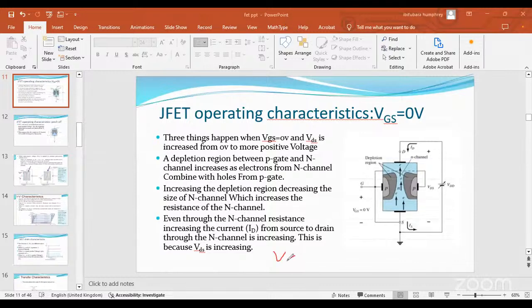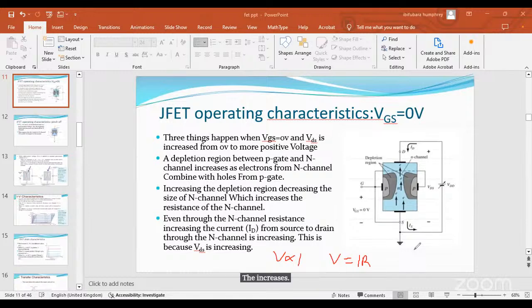V proportional to I, V is equal to IR. Listen to me attentively, so that you don't get confused. So by this formula, V is directly proportional to I, V increases, I increases.